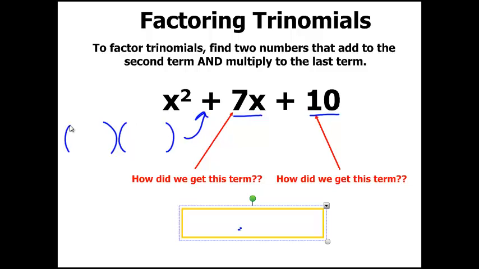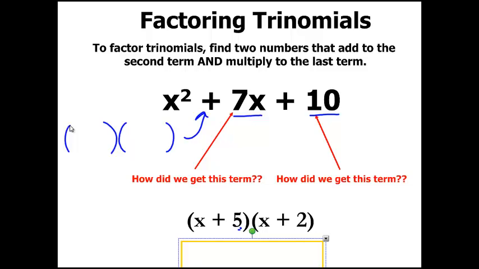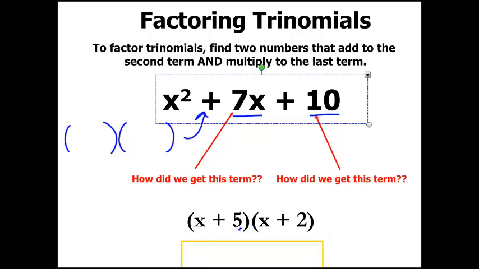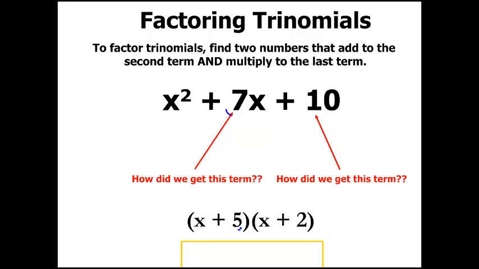Now, if you've evaluated and really thought about this, you may be able to work backwards and get the x plus 5 and x plus 2. You may have just noticed that it was the first example that we did. But there is a pattern, and if you think about it, it's not that difficult. How did we get this 7 from those?